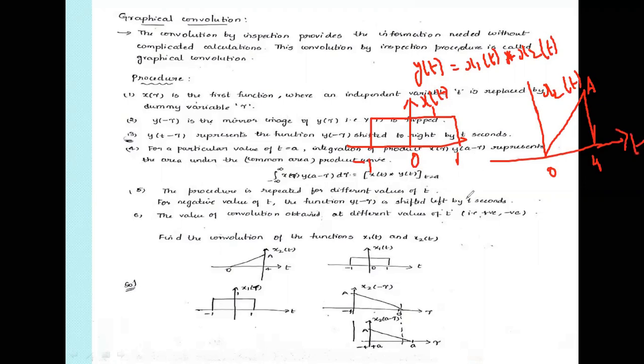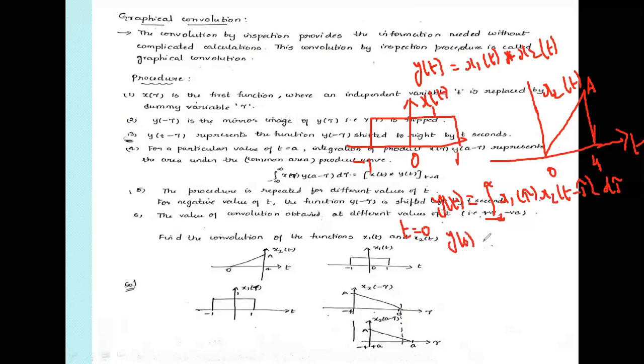Now, what is the formula for the convolution? Integral from minus infinity to infinity, x1 of tau, x2 of t minus tau d tau. Here t is the variable, in y of t. I need to find y at t equal to 0.